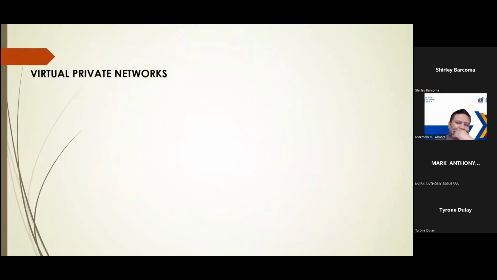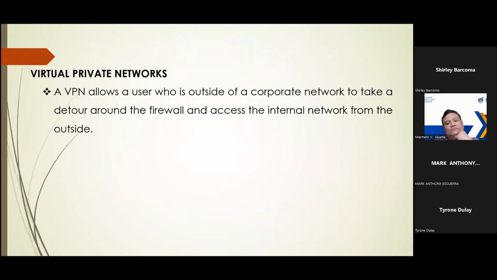Next is virtual private network, or VPN. A VPN allows a user who is outside of a corporate network to take a detour around the firewall and access the internal network from the outside. Using firewalls and other security technologies, organizations can effectively protect many of their information resources by making them invisible to the outside world.